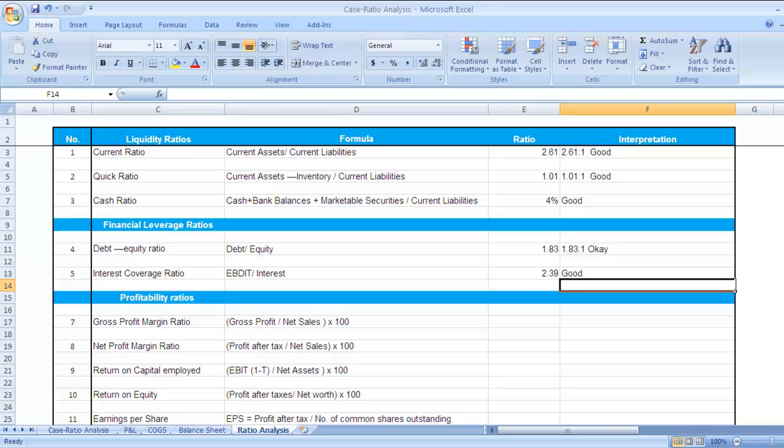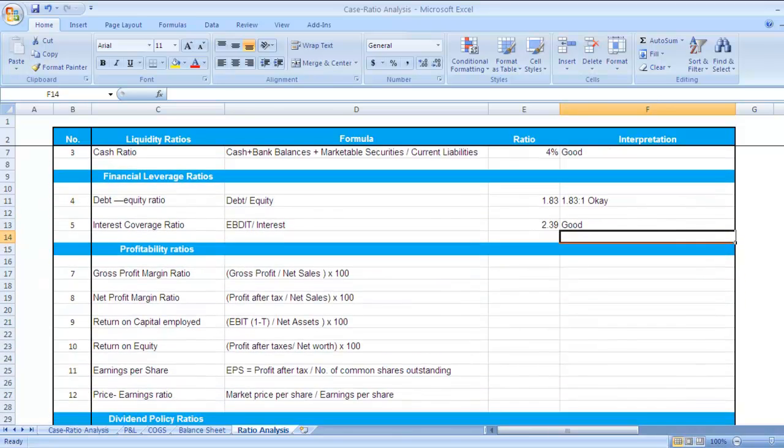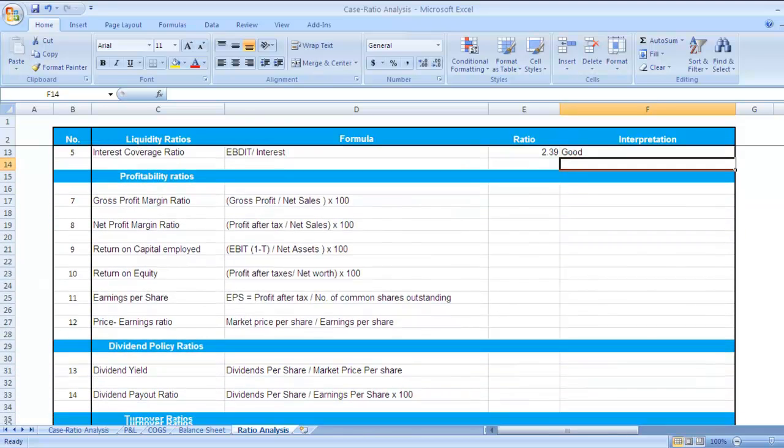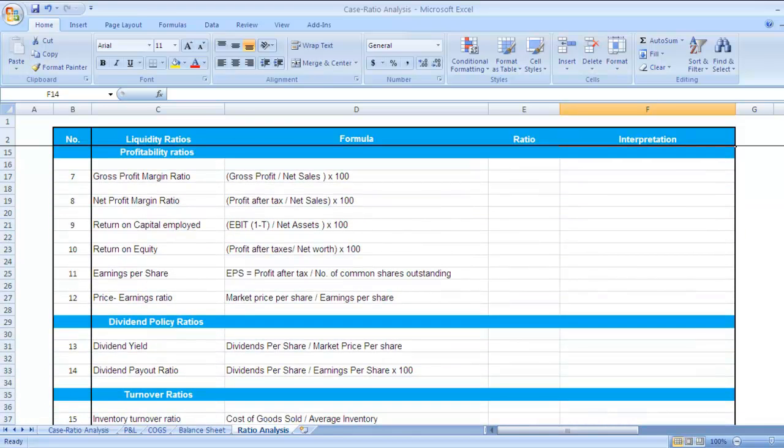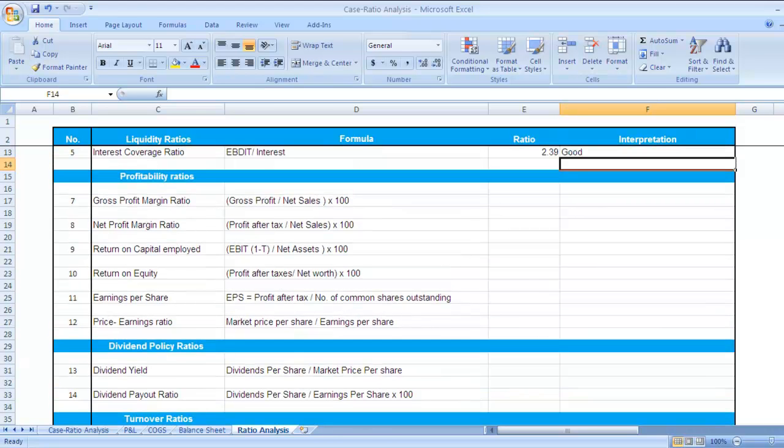That is profitability ratios. Profitability ratios are the most important ratios for an analyst and for shareholders. So you need to see how this ratio is calculated.